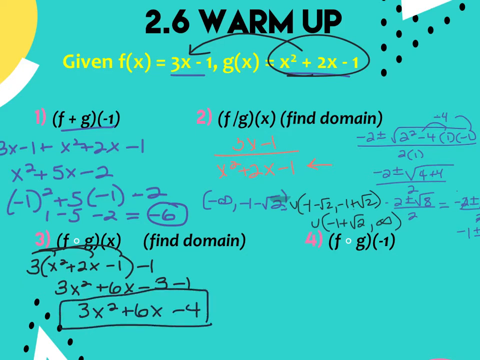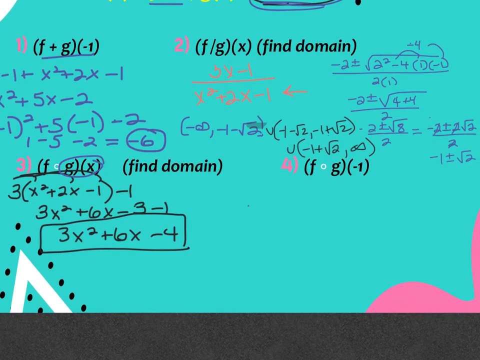Now there's no domain restriction on that composite one, and then I have to go back to the g of x, look at that one and see is there a domain restriction there. No, right? No square roots, no fractions, which means my domain on this is all real numbers.